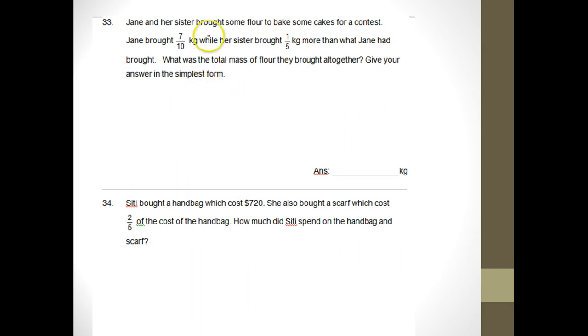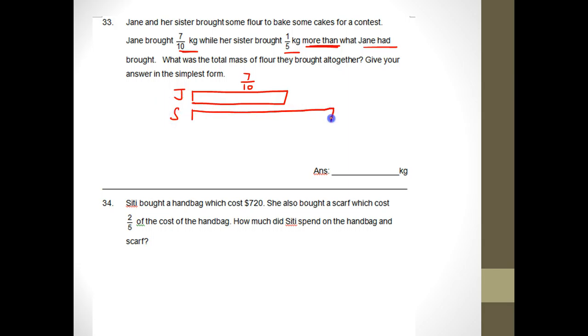Question 33. Jane and her sister brought some flour to bake some cakes for a contest. Jane brought 7/10 kilogram, while her sister brought 1/5 kilogram more flour than Jane had brought. So I know I must compare.